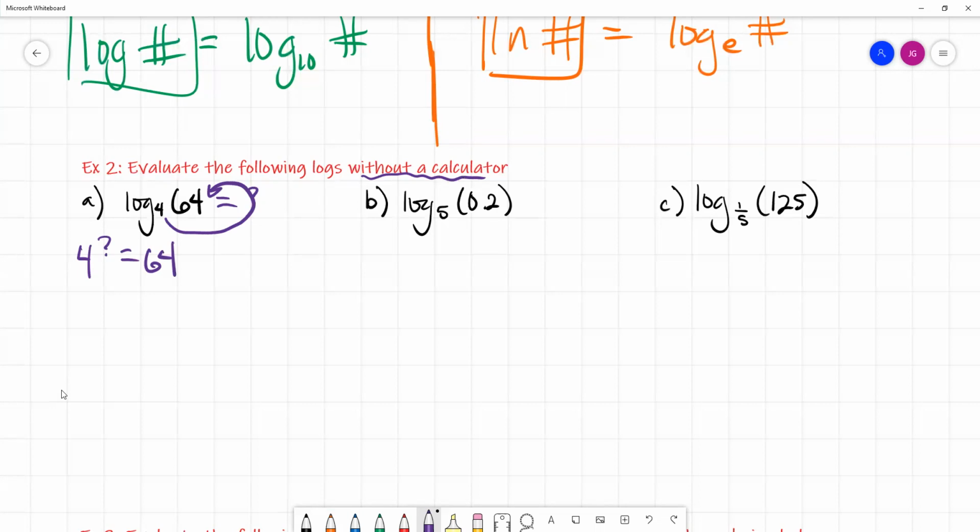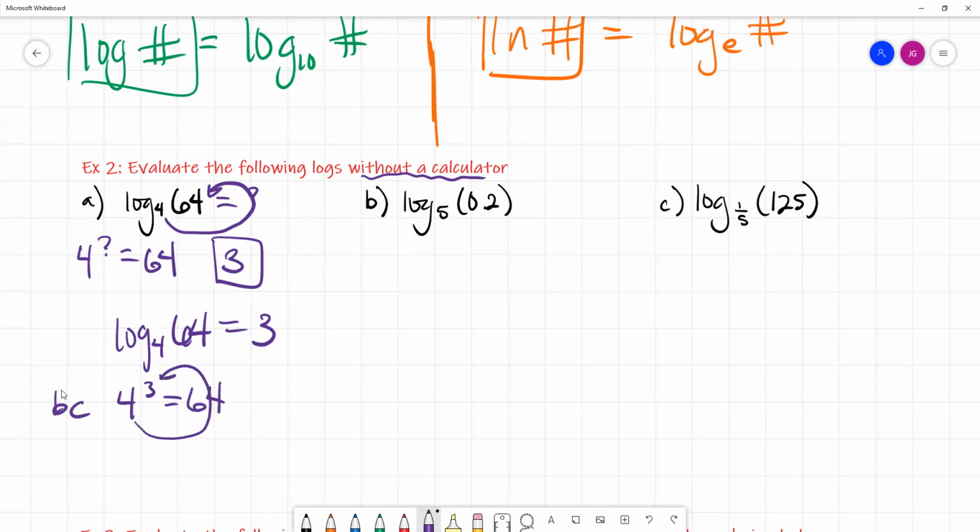Hopefully you're saying 3. So log base 4 of 64 is equal to 3 because 4 to the 3rd power is 64. And I can do my little circle trick here. Log base 4 of 64 is 3. That's the answer.